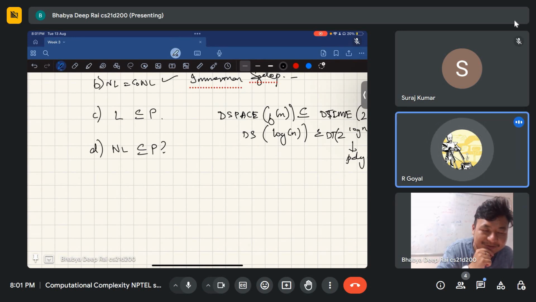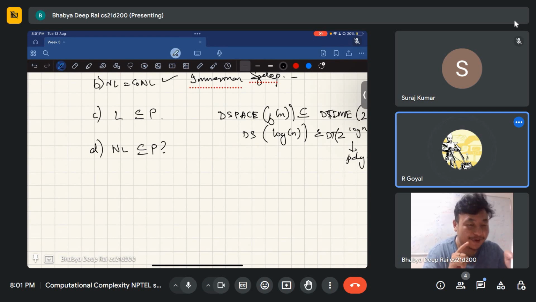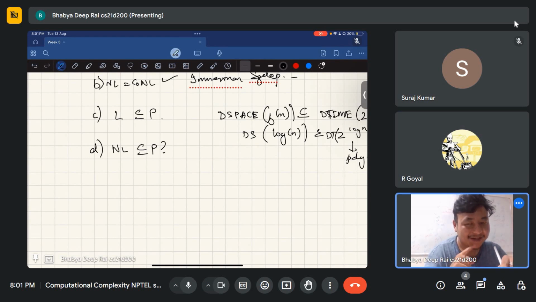Because I thought that N space of f(n) is equal to D space of f square of n. That would again be polynomial, and then I take 2 raised to the power of a polynomial. But that is polynomial in terms of space only.